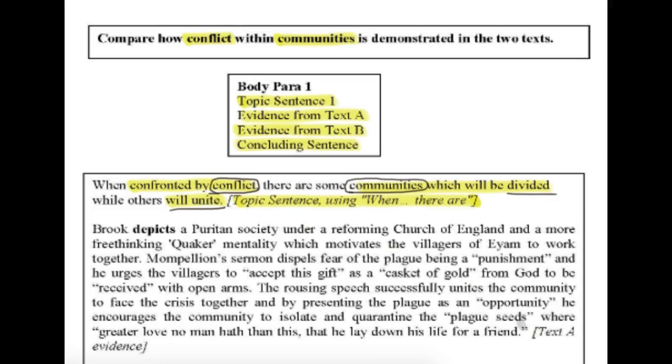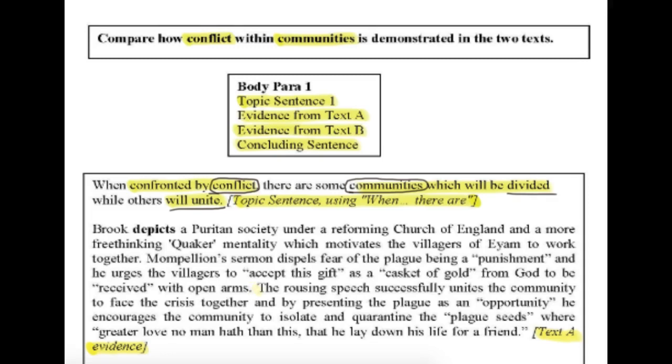Okay, so then we come to the next part. What we want to do is give the evidence from text A. If we look a little bit further down the screen, here we've highlighted text A, evidence. Okay, so let's just have a read through this paragraph first. Brooke depicts a Puritan society under a reforming Church of England and a more free-thinking Quaker mentality which motivates the villagers of Eyam to work together.